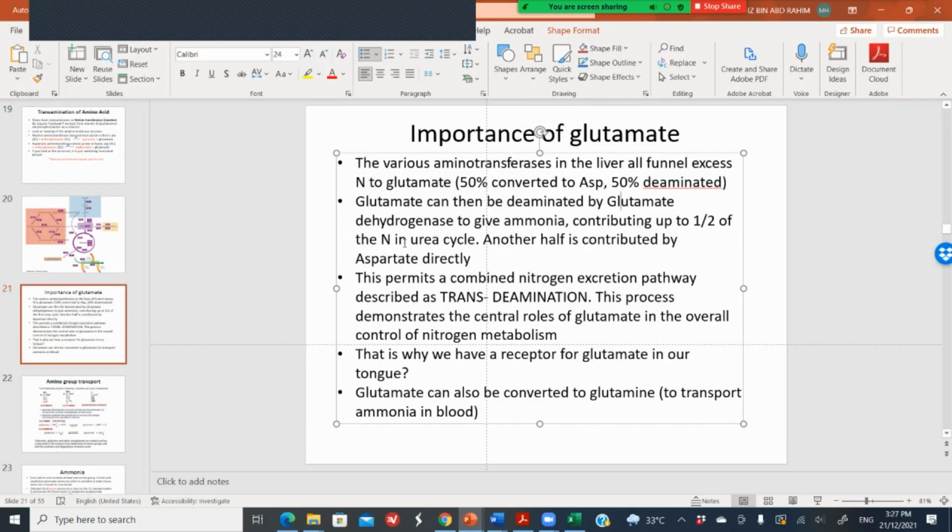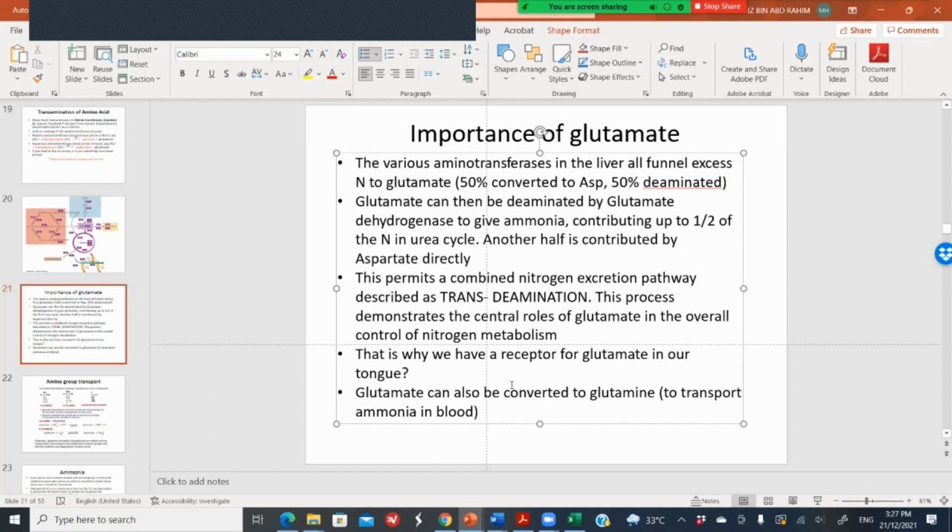Another half is contributed by aspartate directly. This permits a combined nitrogen excretion pathway described as trans-deamination. So this one is actually transamination and deamination, tapi dia gabung dia jadi trans-deamination. This process demonstrates the central roles of glutamate in the overall control of nitrogen metabolism.